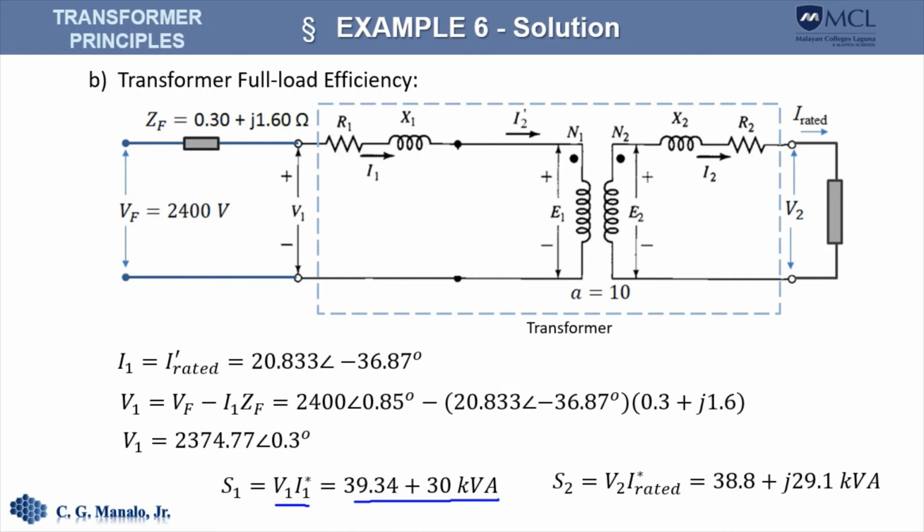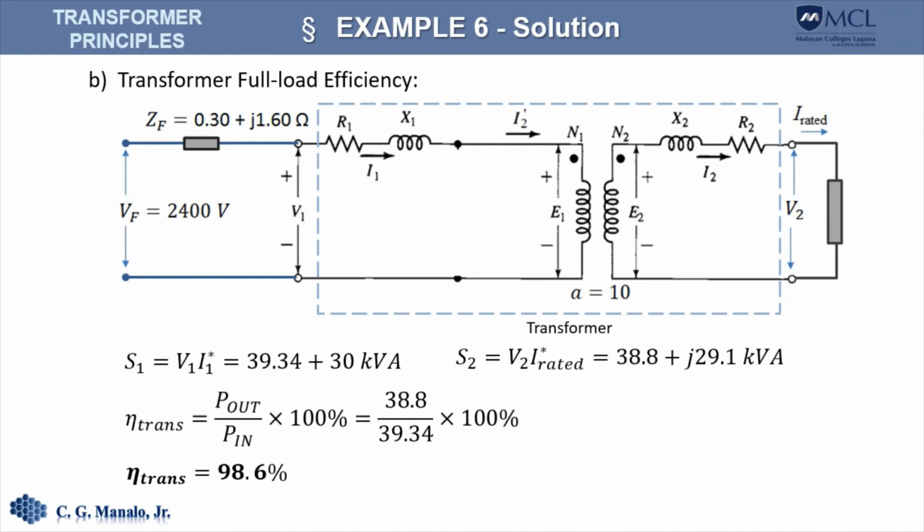Likewise, we can compute the output complex power of the transformer by getting the product of V sub 2 and the conjugate of I rated, and that should give us this value. Take note that this represents the input average power to the transformer, and this is the output power of the transformer.